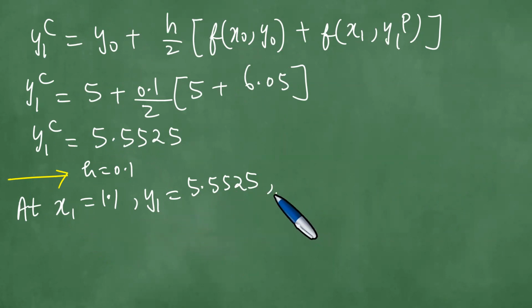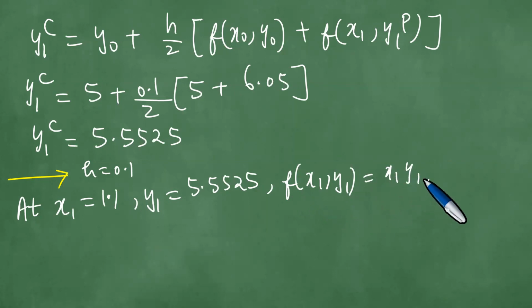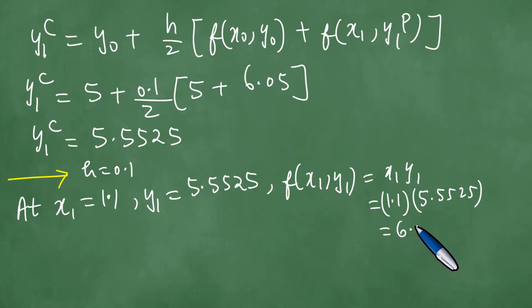So we must now do f of x1, y1. According to the formula of the differential equation, it is the product, so you have 1.1 into 5.5525, and the product must be 6.1078.